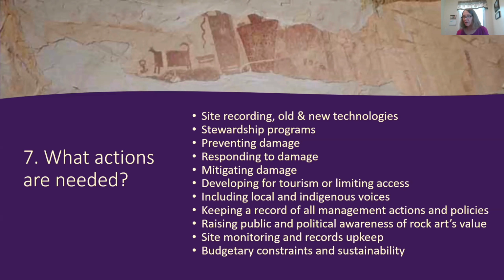Mitigating damage, and we had some talk about that, about camouflaging or removing graffiti. As you probably have figured out, it's a pretty dicey subject, and we'll get into that a little bit more in the breakout sessions this afternoon. It can be tricky, as a couple of the speakers mentioned, to decide what's graffiti versus what is historically valuable.